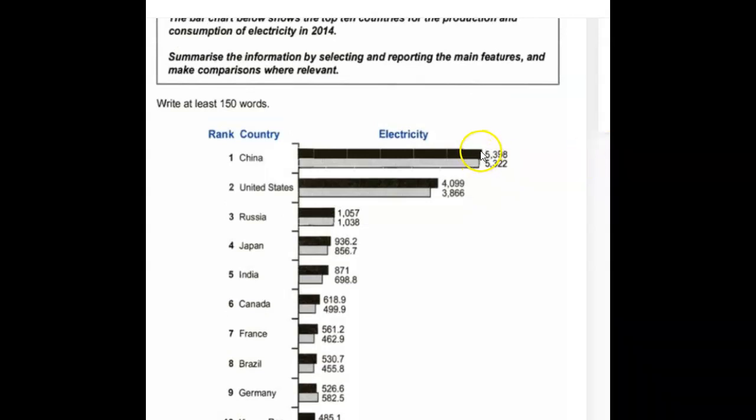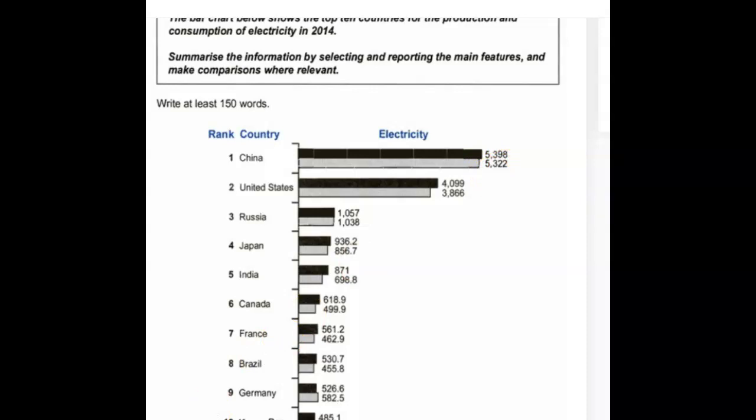So you would just want to give it a point. So it was slightly higher than consumption at just under 5,400, whereas consumption was 5,322.